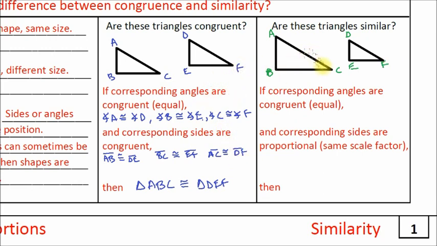Now take a look at our proof of two things being similar, or two triangles at least. If corresponding angles are congruent or equal, the same thing applies as with our congruent triangles. We need congruent corresponding angles.